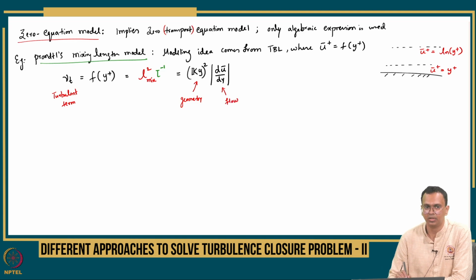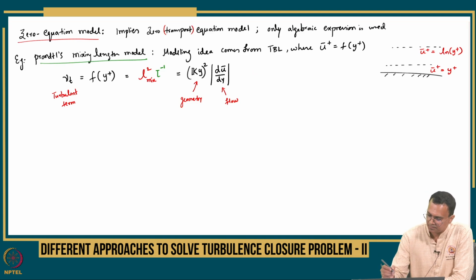So both are not turbulent here, unfortunately. But this is what you have access to. One unknown nu t is replaced by two known things. You have access to the mean velocity and its gradient, so I get dou u bar by dou y as a time scale, and this is your length scale part, kappa y.